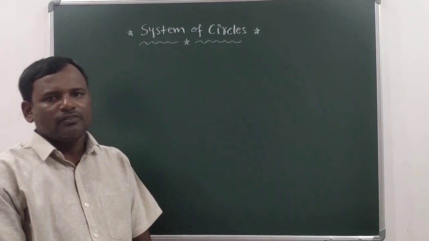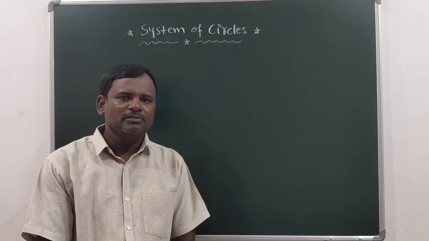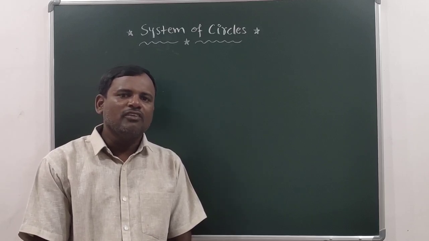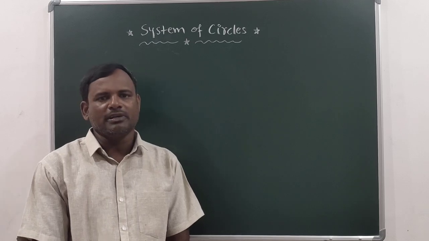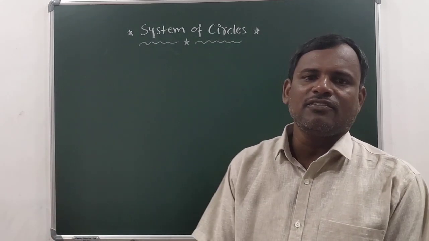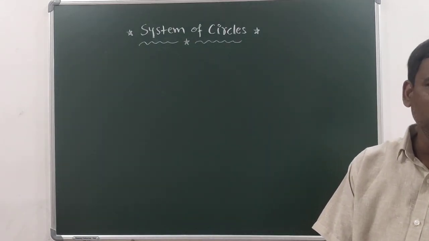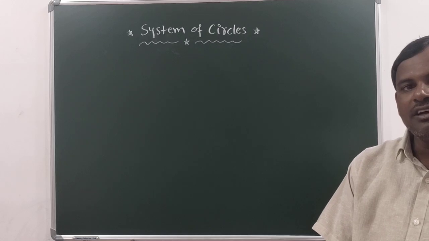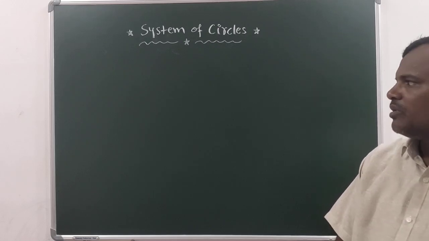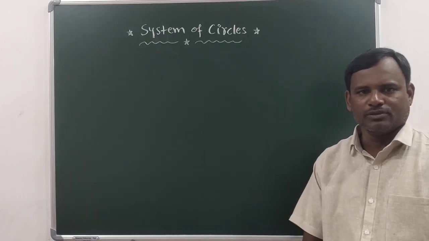The first one is angle between the two circles, the second one is radical axis of two circles and its properties, the third one is radical center of three circles and its properties, and the fourth one is length of common chord of two circles. Now let us discuss these four objectives one by one.